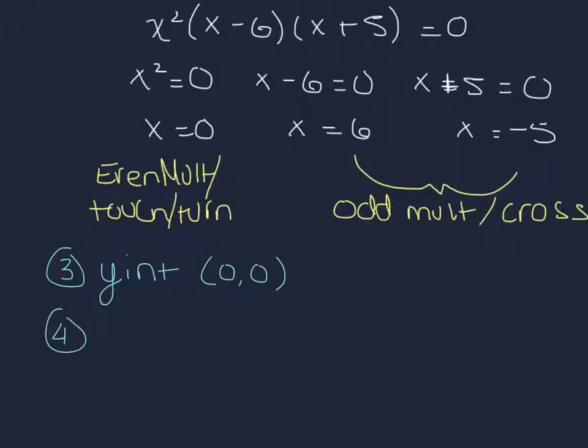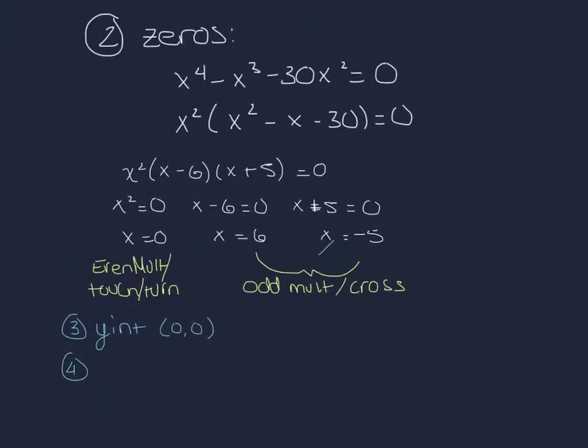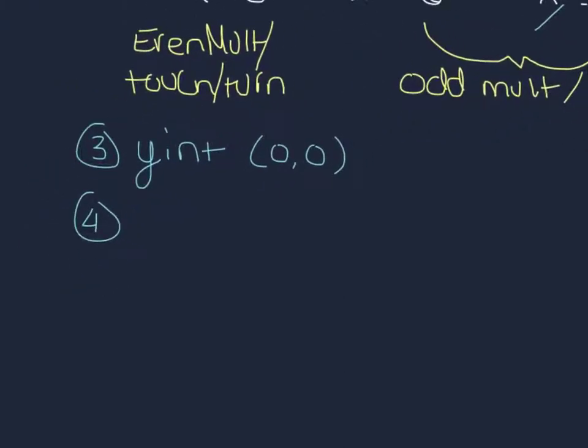The next thing you want to do is check for symmetry. Does this have origin symmetry, does this have y-axis symmetry? This one, let's take a look at it, has no symmetry, so it's not really going to help us. And the last thing we're going to do is put it all together. We're going to graph it. Okay?